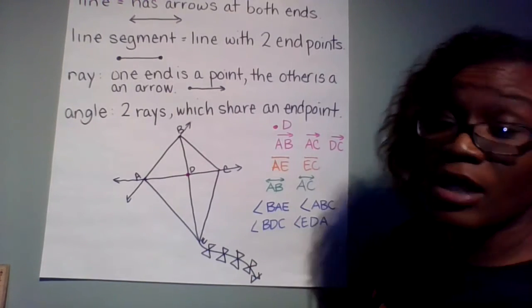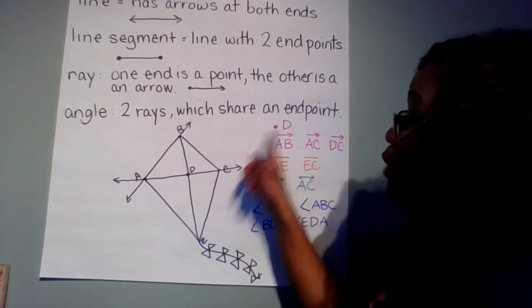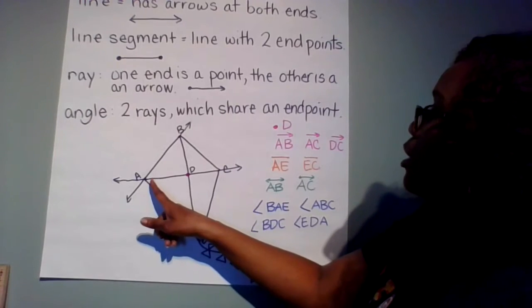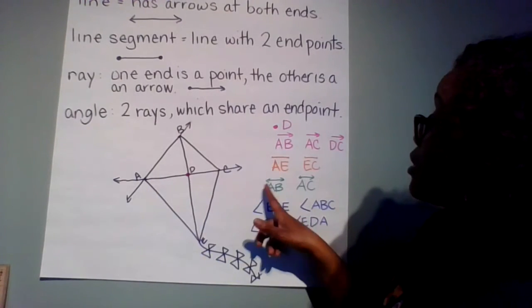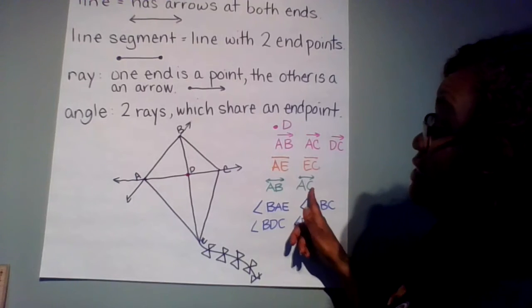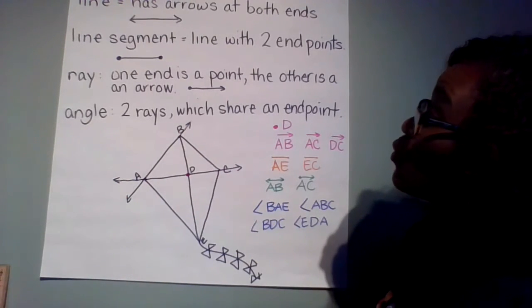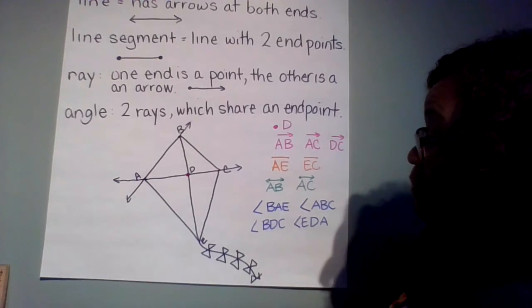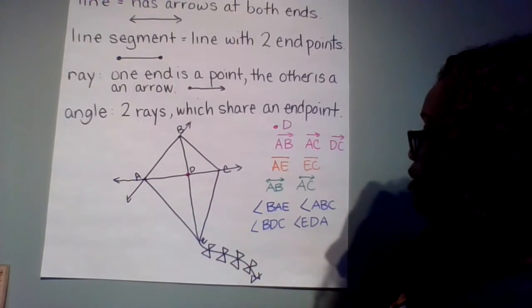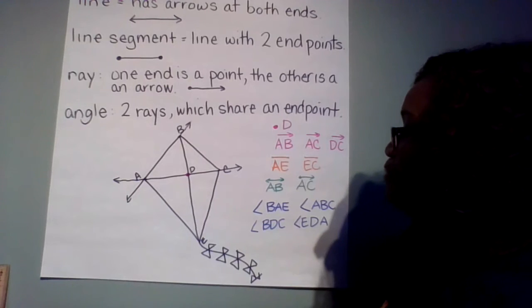And so, scholars, there you have it. We have point D, line AB and line AC. We can say line segment AE and EC.